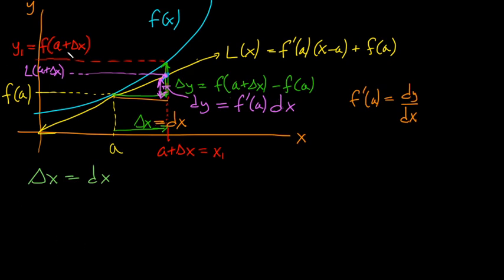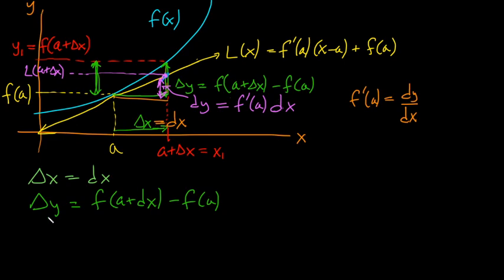However, delta y and dy are not the same. So remember, what is delta y? Delta y was defined to be f of a plus delta x minus f of a. I could use dx here too, same thing, minus f of a, and that's this difference in y's right here.